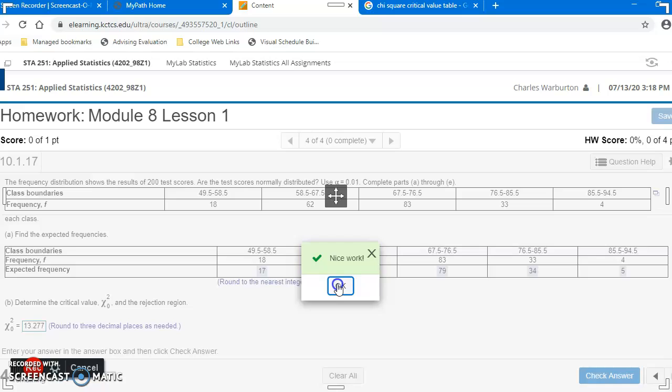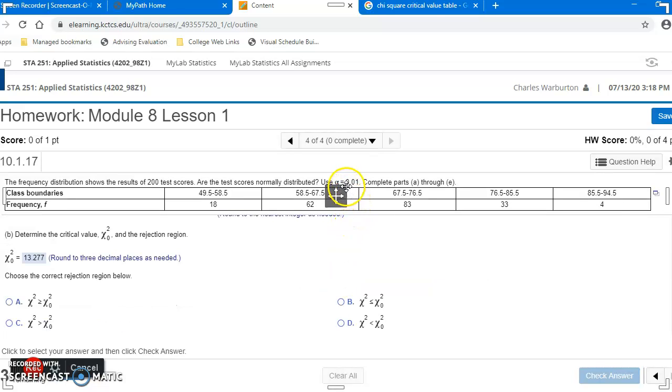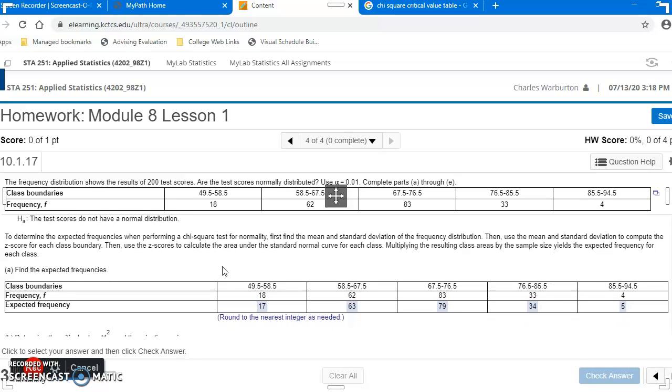4 degrees of freedom, alpha value 0.01. The alpha value is given. The degrees of freedom is the number of categories minus 1: 1, 2, 3, 4, 5 categories, 5 minus 1 is 4. So 4 degrees of freedom, alpha value 0.01.